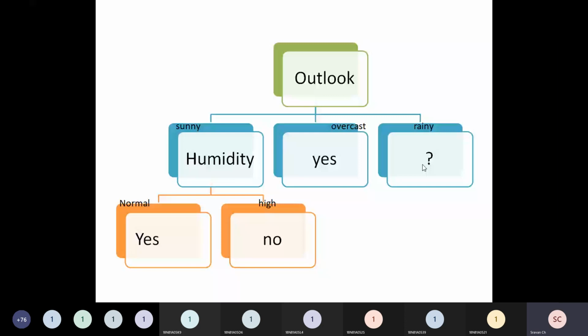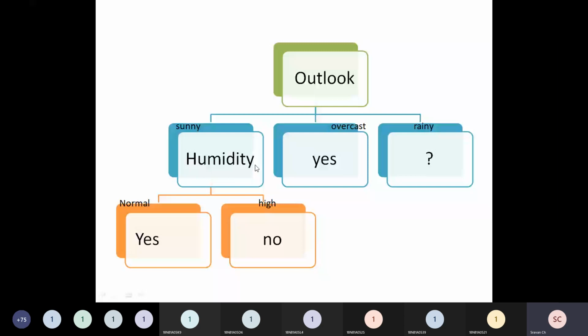Got the point? Now please observe, for outlook we have only three possible values: sunny, overcast, and rainy. So obviously we can get only three children for my outlook, the root node. And one of the children itself became a leaf node. So here I can fill only two other attributes, which were humidity and windy.